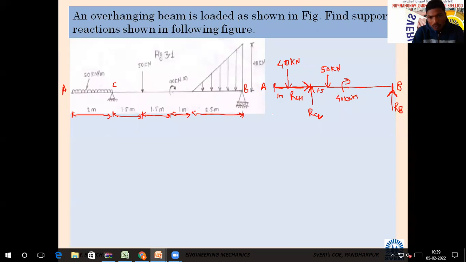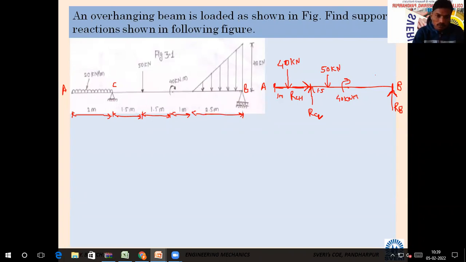So 40 divided by 2 is 20, 20 into 2.5. किती होतं? 50? Yes, sir, 50. Are you sure? 20 into 2.5? Yes, sir. 50.